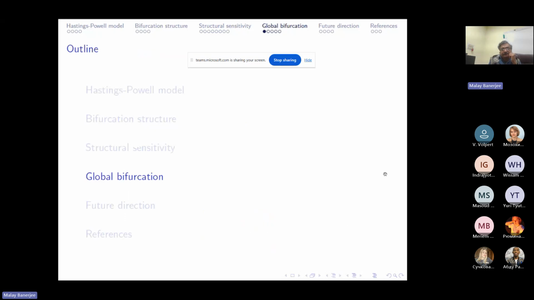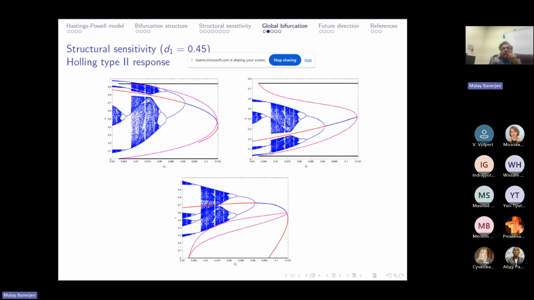For that purpose, we have considered D1 equal to 0.45. Earlier it was D1 equal to 0.4. And in this case, if we slightly change D1, then even with Holling type 2 functional response, there is no possibility of extinction. So those kind of extinction thresholds are, in some sense, interesting, because they show some sort of transient chaos and ultimately lead to extinction of the top predator from the deterministic analysis.